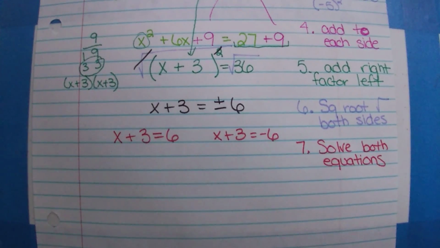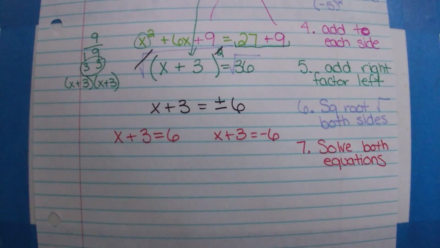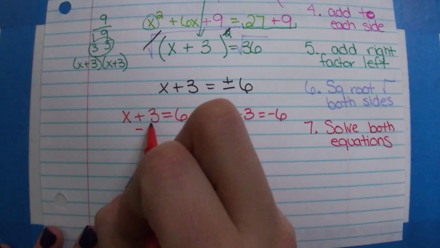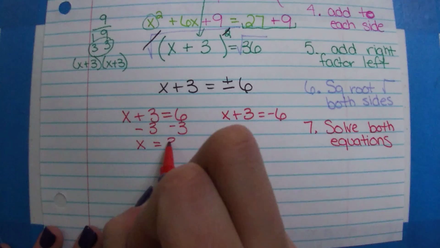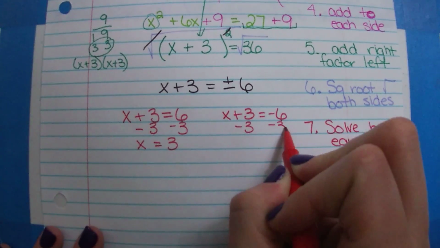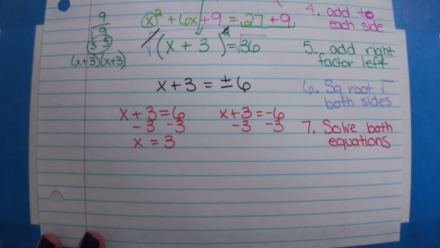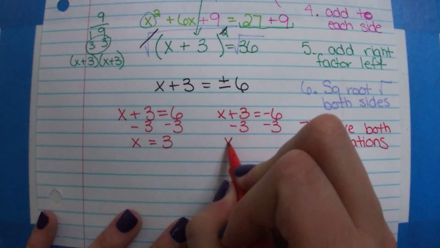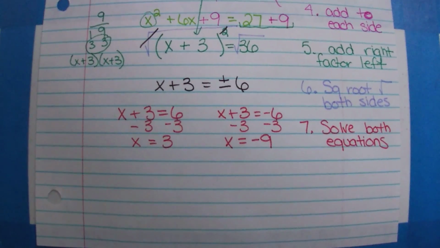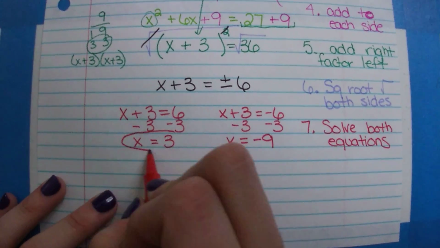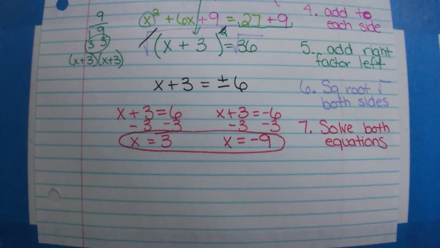I need to be solving both of those. So I'm going to undo addition with subtraction. 6 minus 3 is 3. I'm going to do the same thing over here. Negative 6 minus 3 is negative 9. And so we'll get x equals 3 and x equals negative 9.